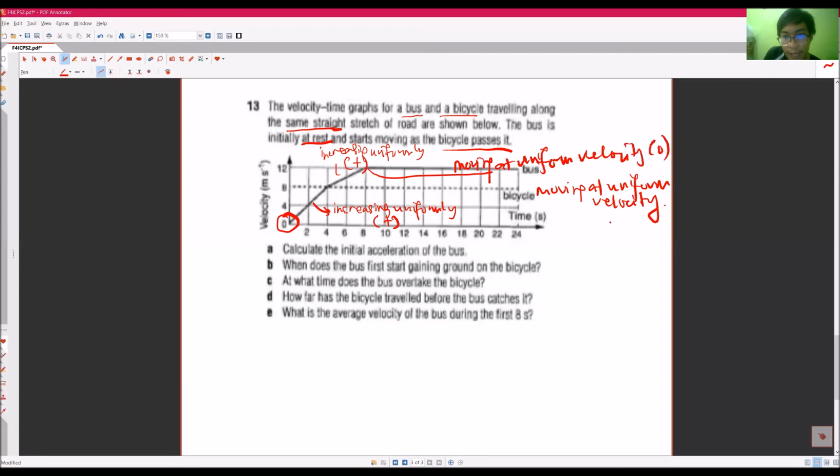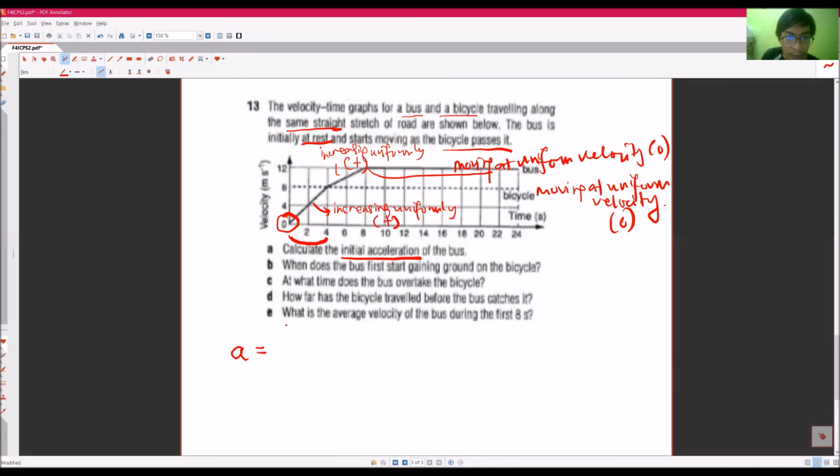So zero acceleration, same with the bicycle, zero acceleration. A, calculate the initial acceleration of the bus. So initial acceleration, we assume it's just for 4 seconds. So calculate the gradient.